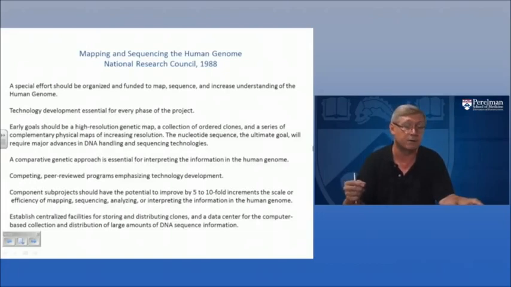A second really important aspect of this report was that it emphasized the need to sequence the genomes of model organisms in parallel with the human genome, because once you have the human genome, the model organisms were really going to be critical for trying to understand the function of the human genome because of the evolutionary relatedness of the model organisms to the human genome, in combination with the experimental facility of model organisms.